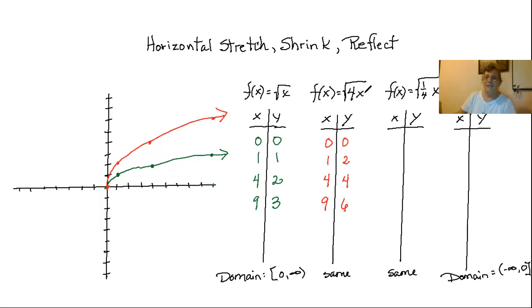Multiplying on the inside before you do the main function pulls it up, but it's because it's pulling it toward the y-axis.